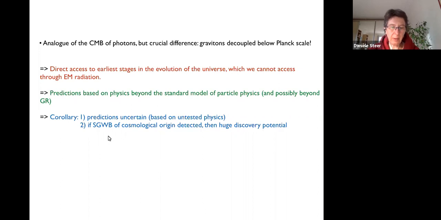The second corollary, though, is very exciting, because if we do see a stochastic gravitational wave background of cosmological origin, then it has a huge discovery potential because it would be telling us about this physics, which so far is untested in accelerators, for example. So that's the really great interest, or potential, of the stochastic gravitational wave background.